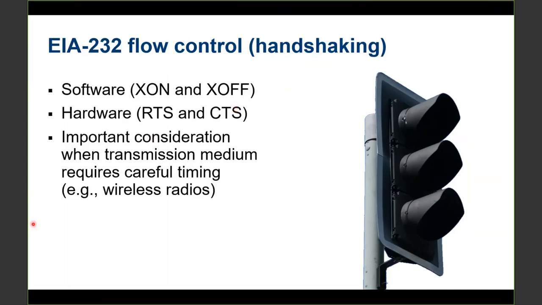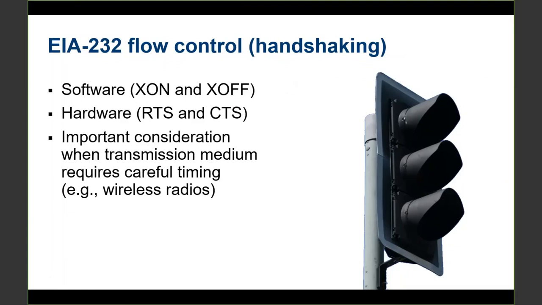And then again, this is important to consider when the transmission medium requires careful timing. For example, they show wireless radios here, but that also can come into play back from one of our first slides, when we have our half duplex communication.